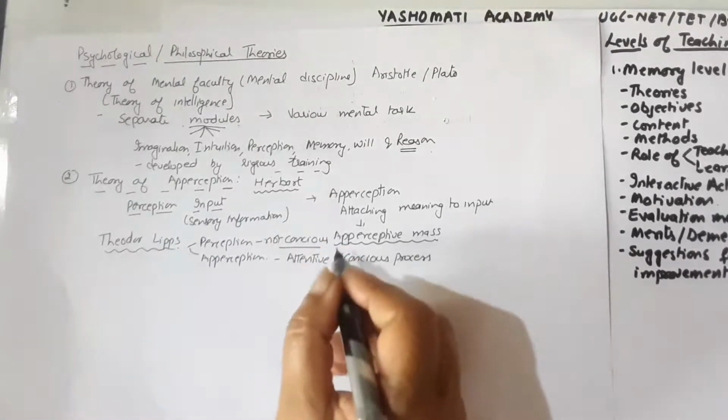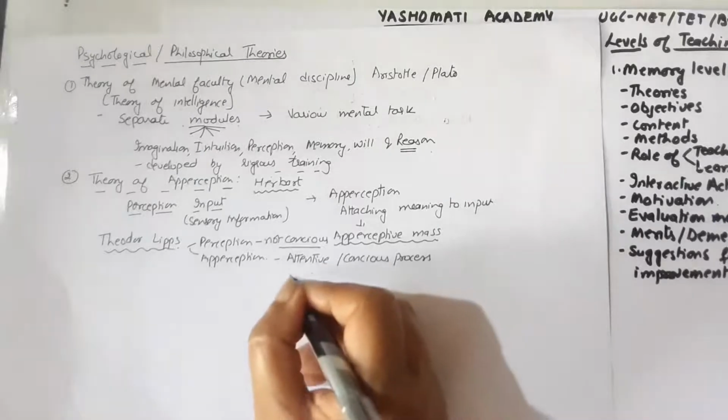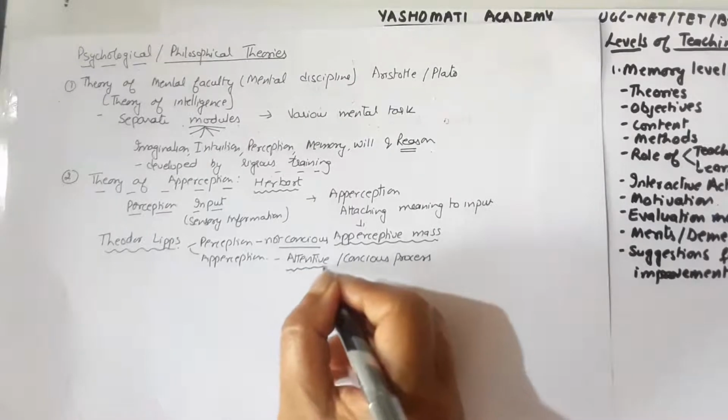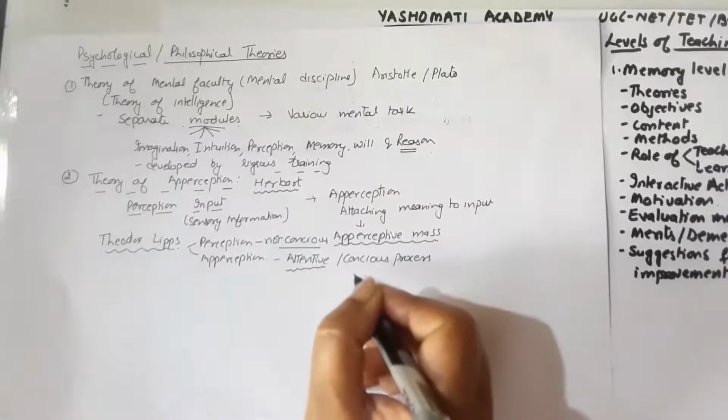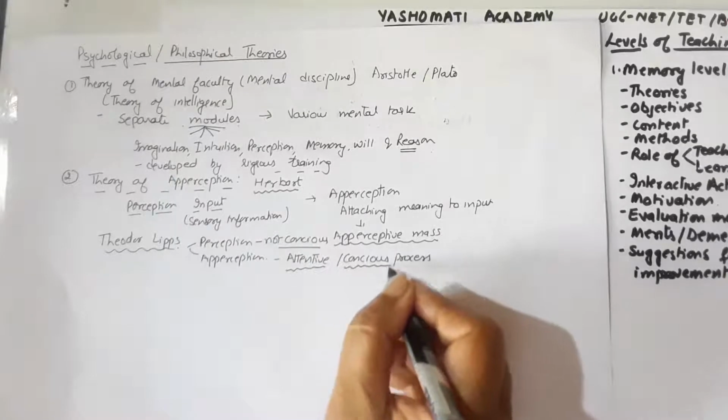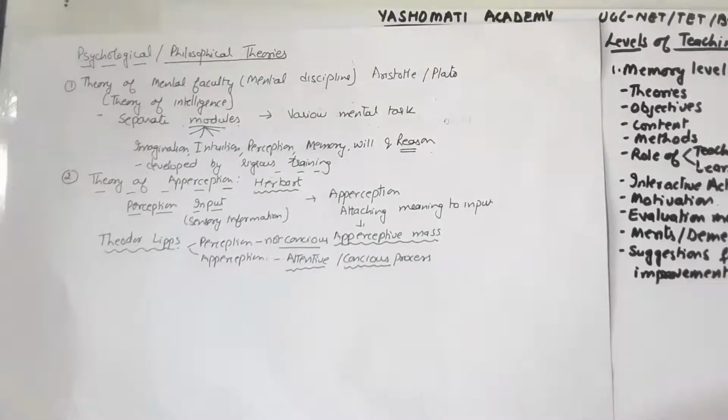So if we can improve the attentiveness of the learner and the learner makes conscious effort, then he will be able to memorize more. Otherwise, whatever information he is receiving from his environment will be forgotten very soon.